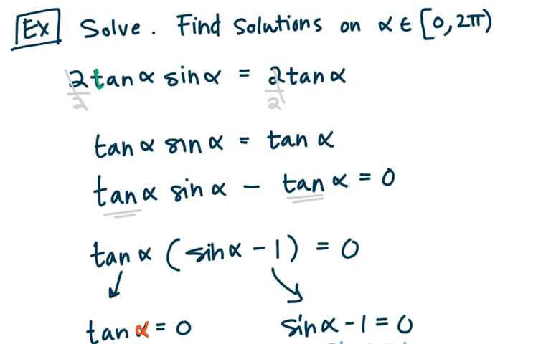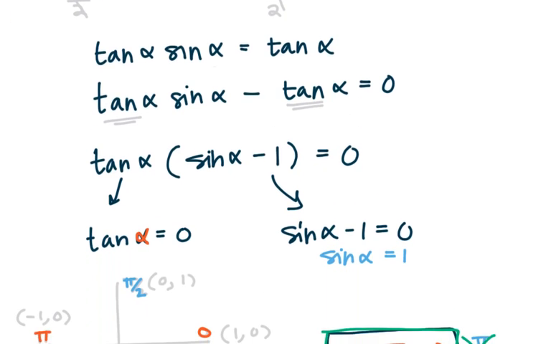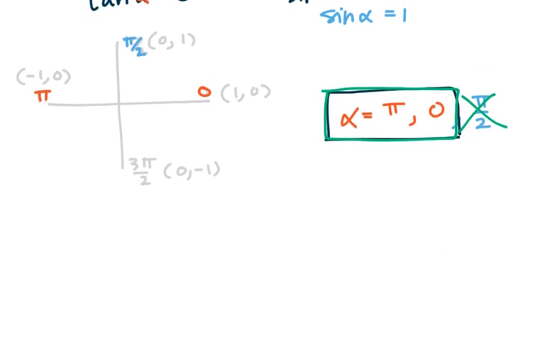And even if we came up here, as soon as you see a tangent, or you see a secant, a cosecant, or a cotangent, you know you might have to consider the fact that there could be an extraneous solution.